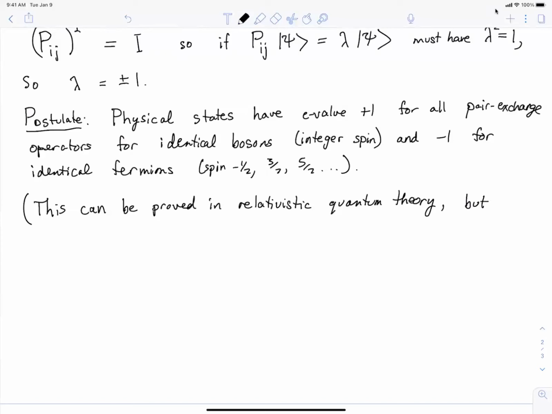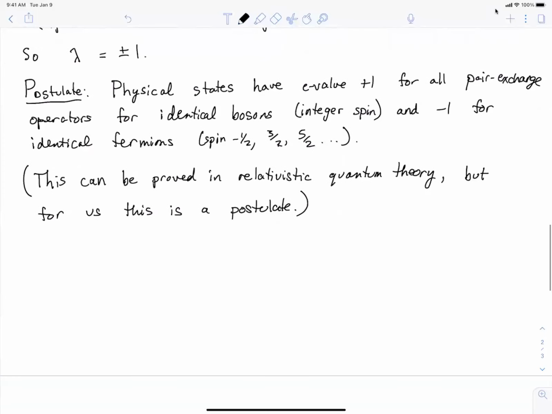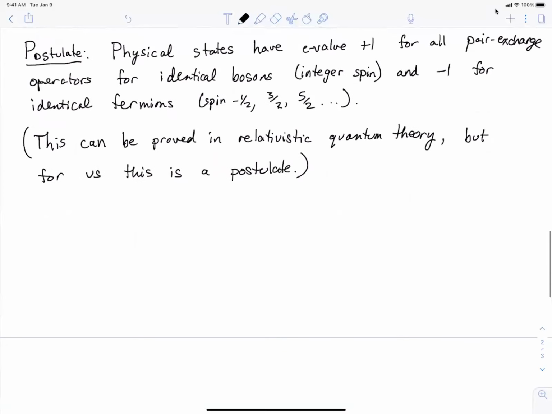We won't question where it comes from. But that's why most people do not include it when writing down the fundamental postulates of quantum mechanics. In any case, from now on, we're just going to assume it's true.